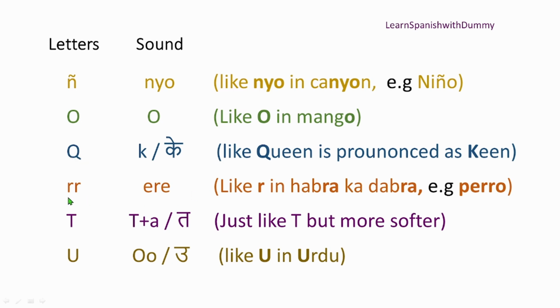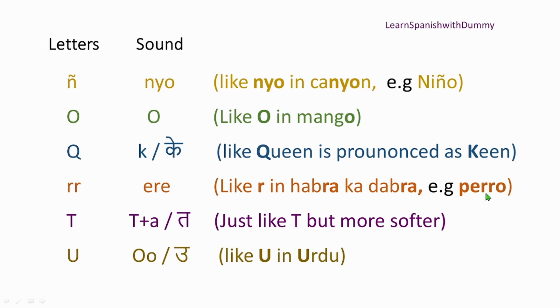After that we go with double R. Double R is pronounced as rrr. It's like in abracadabra, the part abra, ra, you roll your tongue. So that's what you need to do whenever you say double R. I've got an example, perro, which means dog in Spanish.